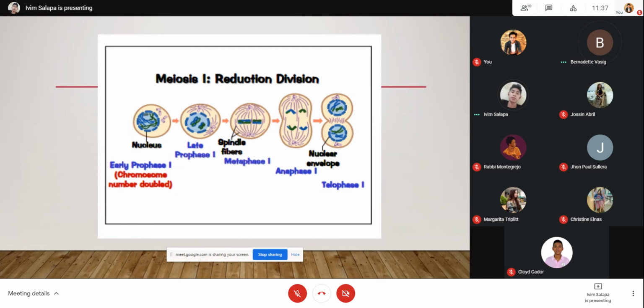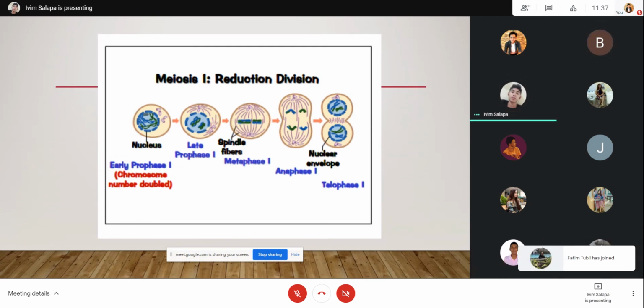Then the attachment of the kinetochore is to the homologous chromosomes, through the attachment of the spindle fibers from the two poles, ma'am. So the homologous pair of chromosomes will separate during the metaphase plate.